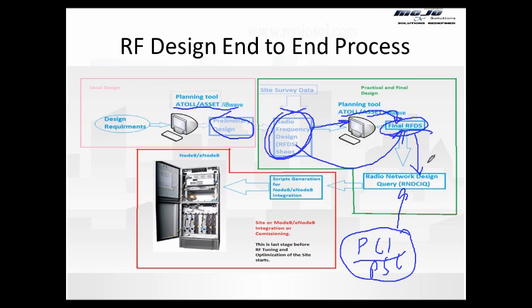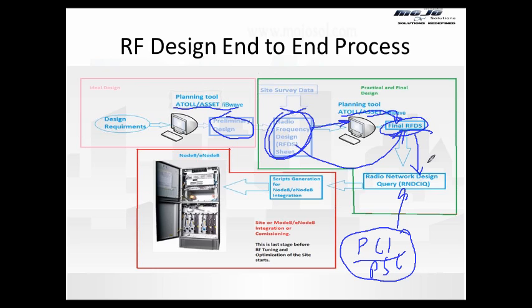Okay, so basically RFDS and RND-CIQ are the ways the RF engineer communicates with other departments, and they have to be in a standard format for other people to understand.